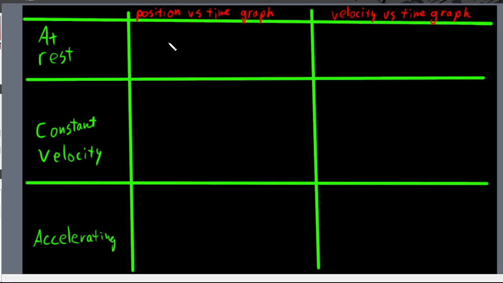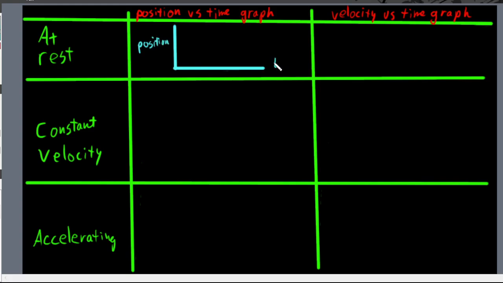Now, we're going to talk about a couple of different kinds of graphs. We're going to talk about a position versus time graph, and we're going to talk about a velocity versus time graph. Now, a position versus time graph means that on the y-axis, I'm just going to draw a couple of coordinate axes here. And on this axis, I have the position of the object.